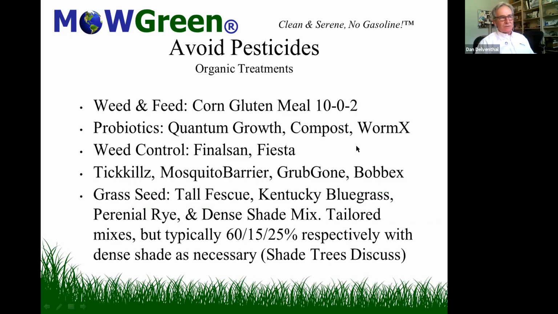What do we use? Here's a few of the things that we use. Corn gluten meal, 1002 pre-emergent weed control and fertilizer. Quantum growth, probiotics. You can get probiotics from compost or worm castings. For weed control, there's a Final Sun, which is, we think, a little better than vinegar and Avenger.